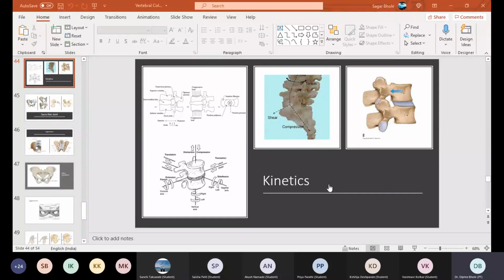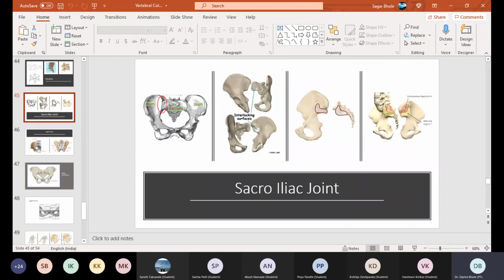Okay, so we should see the SI joint now. The major difference that takes place here is that you have gone from a spine which was made up of interlinked structural units, the vertebrae, designed in order to provide mobility to that region.